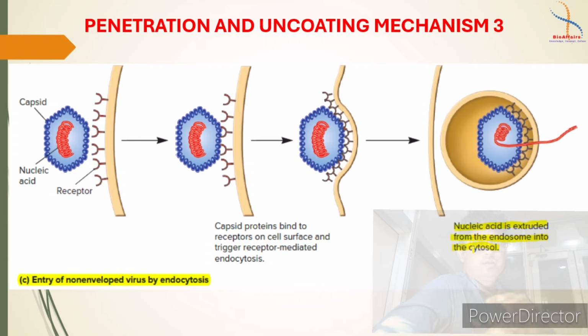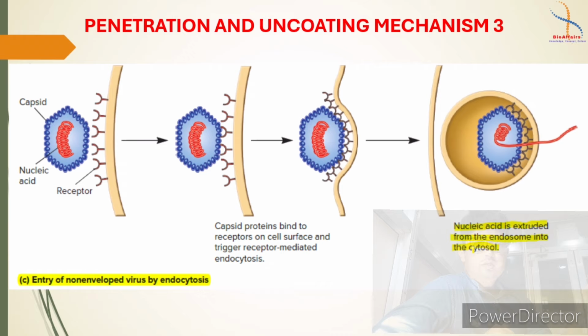Okay, so the total structure gets entered, but in the cytoplasm only the nucleic acid is released, right? And this nucleic acid will again form the total capsid structure and it will release from the cell. But here the endosomal process may not take place.